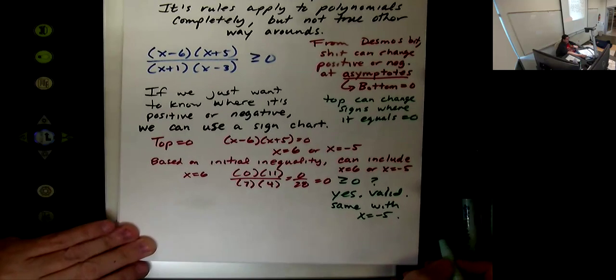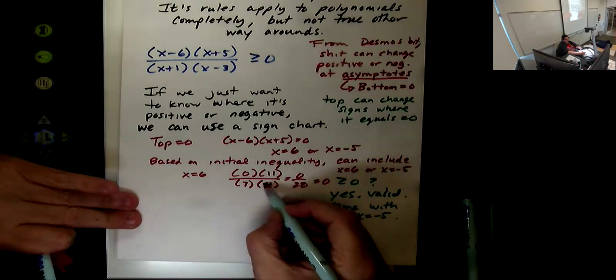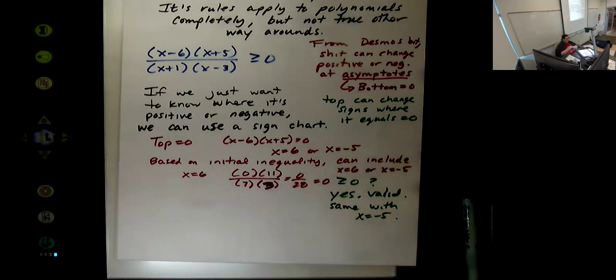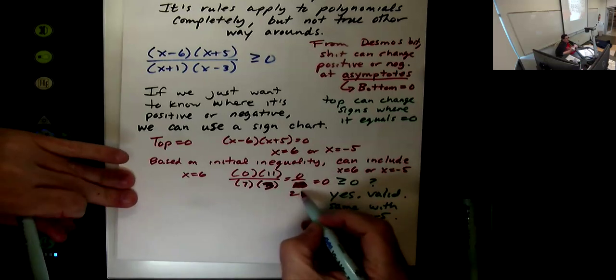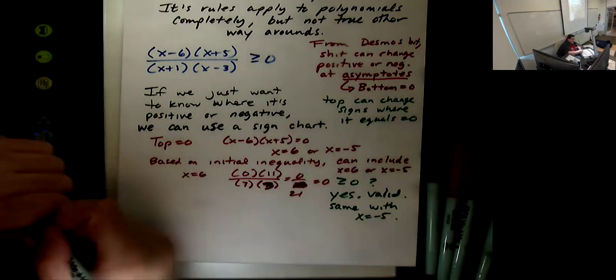It doesn't change anything, but it's supposed to be a 3 instead of a 4 on the bottom. I plugged in 7, not 6, but I'd rather have it right, which makes that a 21. But anyway, it doesn't change that. So that means I can use x equals -5 and x equals 6.